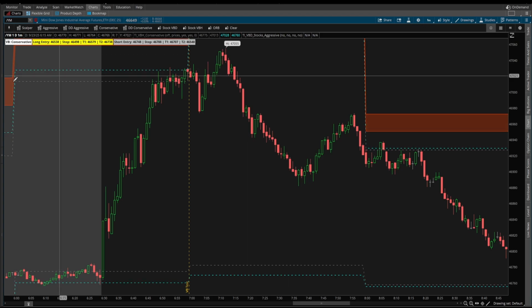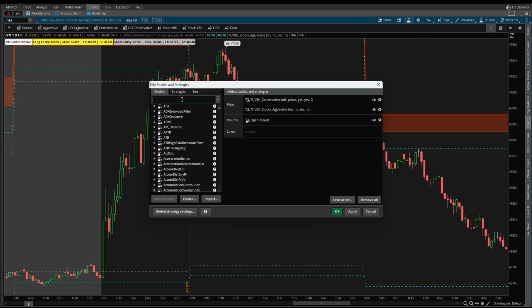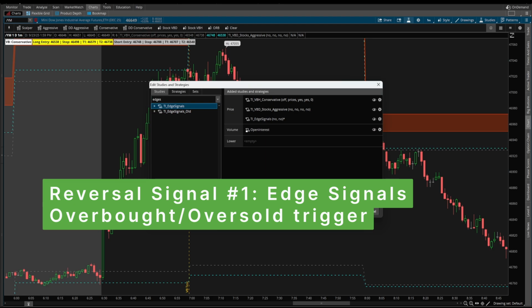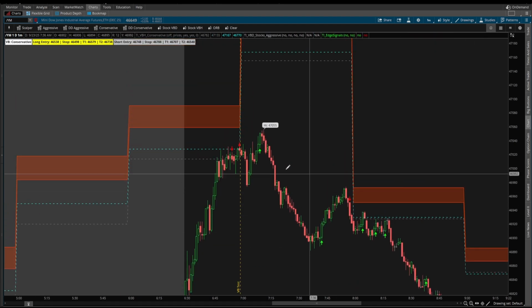The first one is the simplest. It's looking for some form of an overbought confirmation here. So think RSI, etc. What I like to use is the edge signals indicator for all of our volatility box members. This is included for free with your membership, and it plots these red and green arrows.